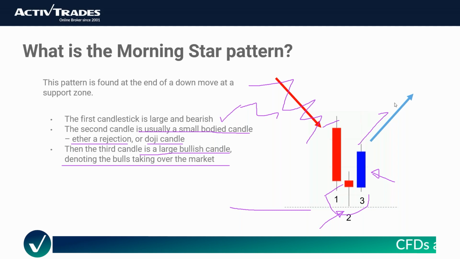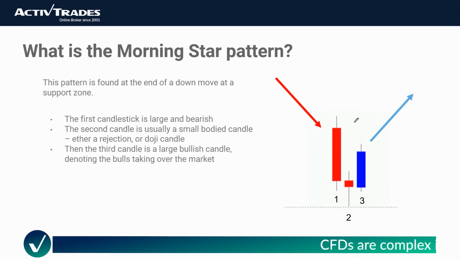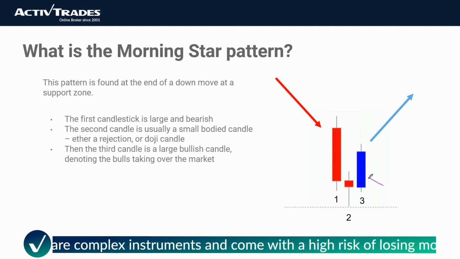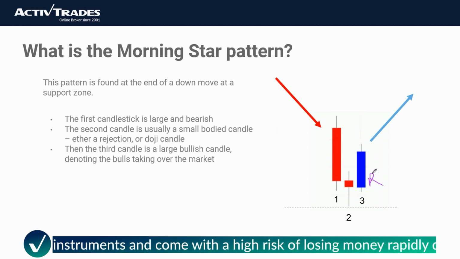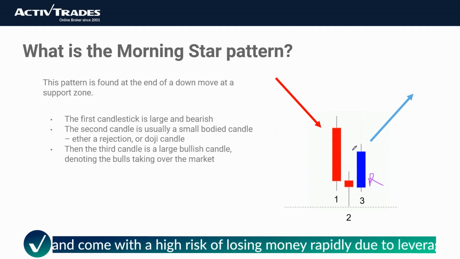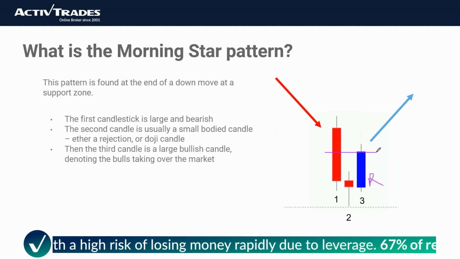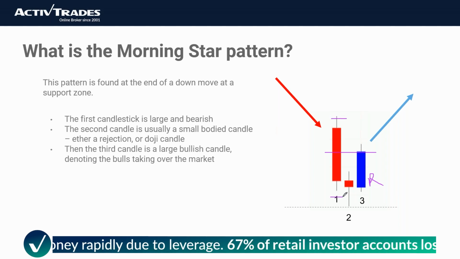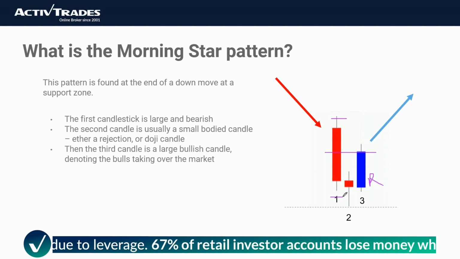As a little bit of an experienced trader's tip for you to take on board: I am always much happier when the third candle is not only very bullish, but it actually trades and closes above at least 50% of the first candle. When I see that, that is when I'm actually happier.